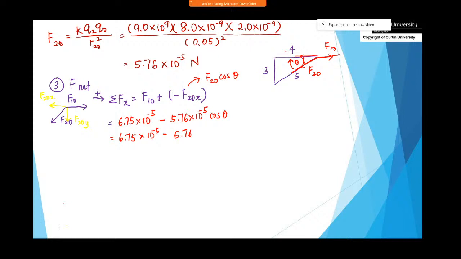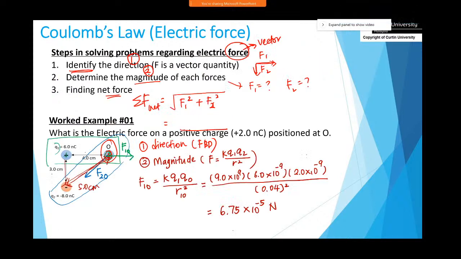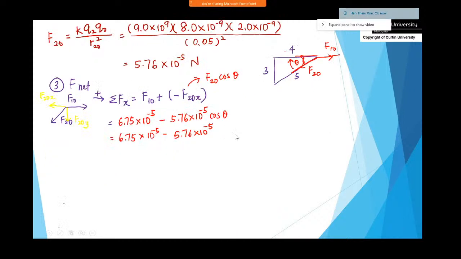Okay, so 5.76 times 10 to the power of negative 5. Previous slide, this one. Okay, cos theta. So you can choose to find the angle of theta, or if you have a complete dimension of the right angle triangle, cos theta is also equal to 4 over 5, right?